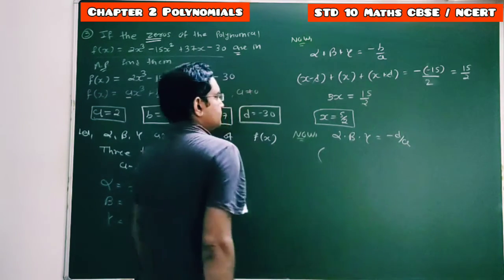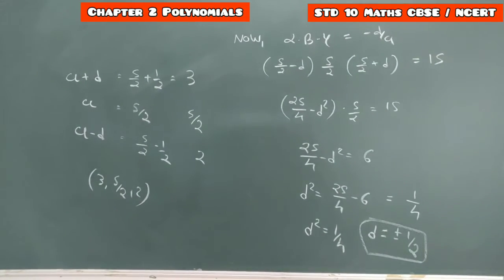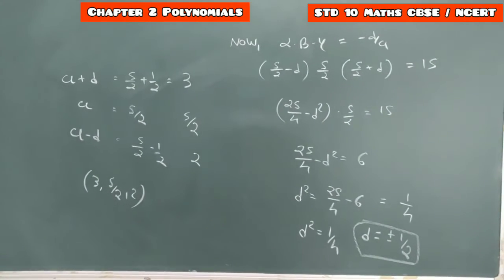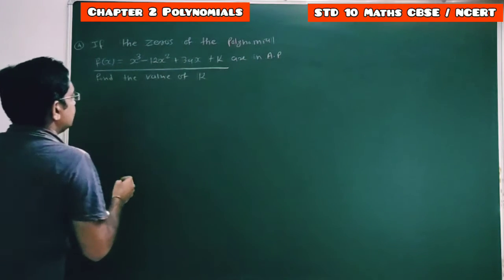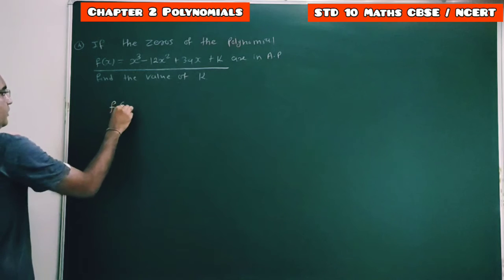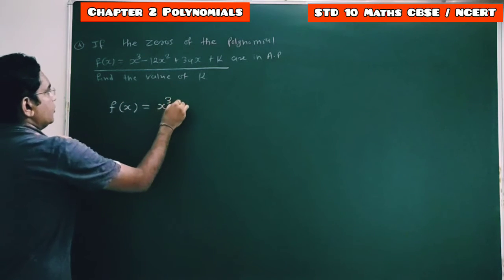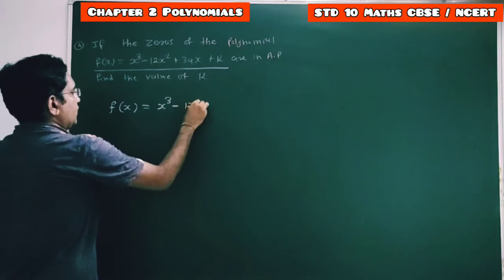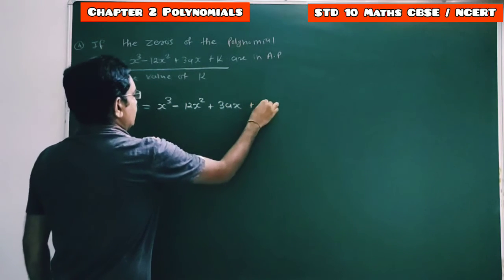So what is the product? The zeros of a polynomial. A cubic polynomial is given: f of x equals x cube minus 12x square plus 39x plus k.